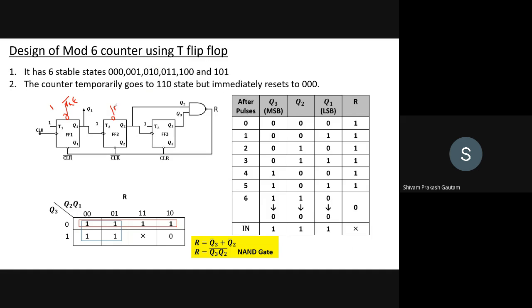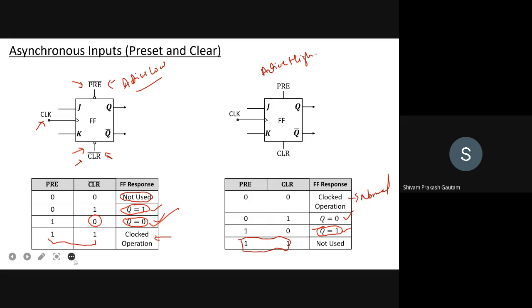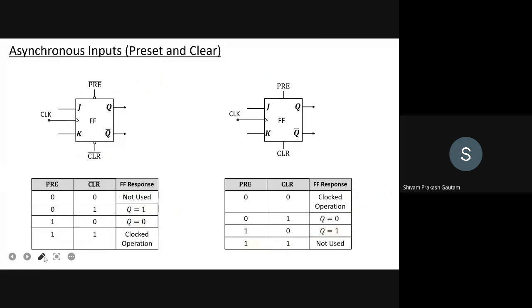If preset is high, under this condition you are talking about, right? But you have to give clear as 0 in order to make the output 0. This has to be given, right? Okay, sir. Yes, got it.